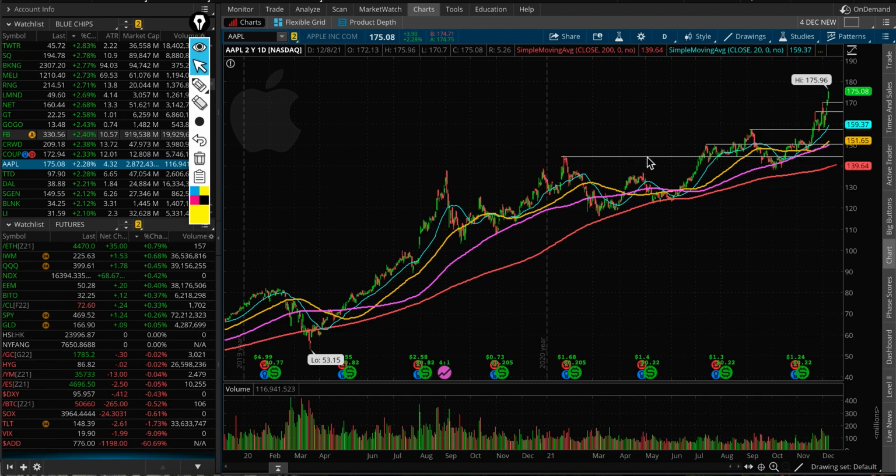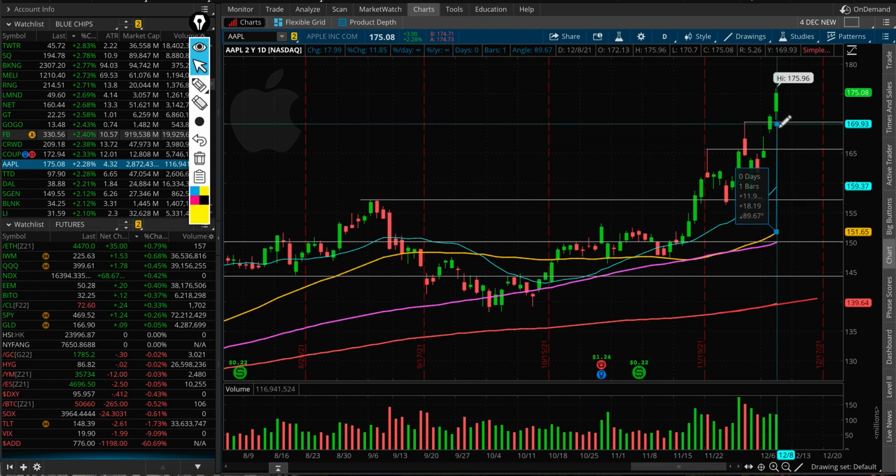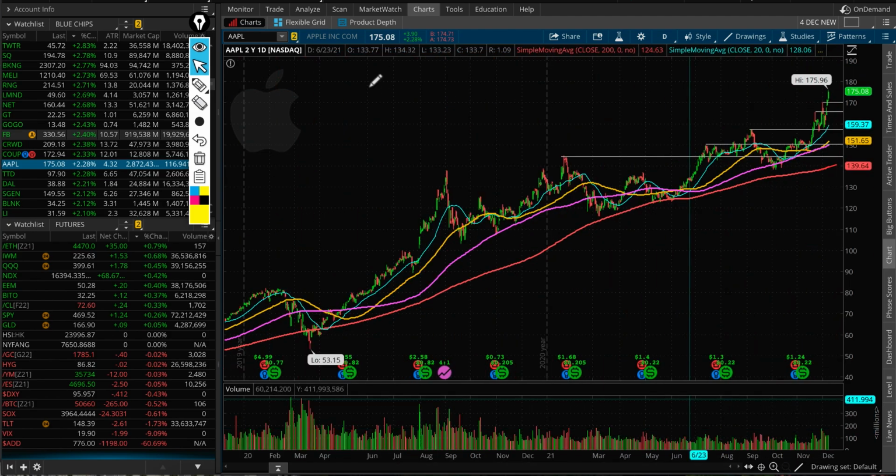They don't like to go too far ahead of the 50-day simple moving average. So at the moment, the stock is basically trading from its 50-day moving average, which is 151, 16% above, 24 points higher.